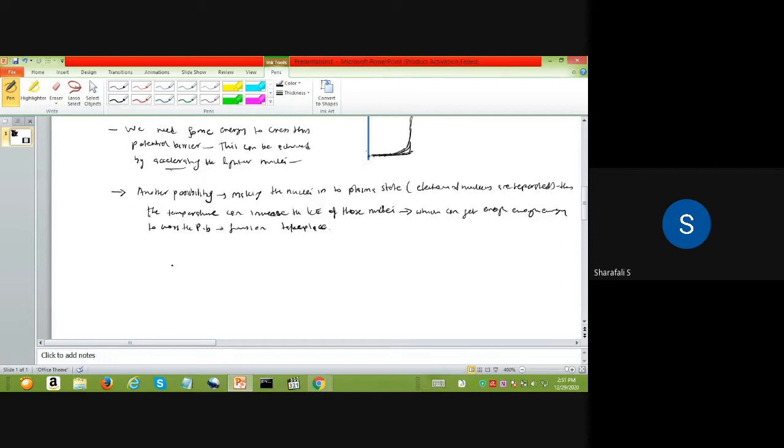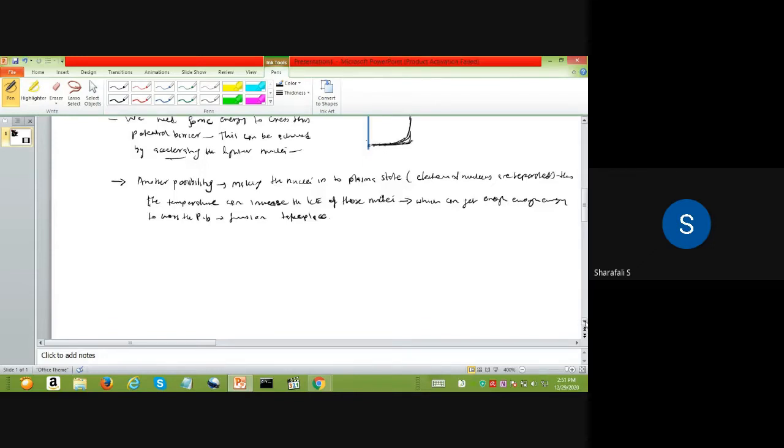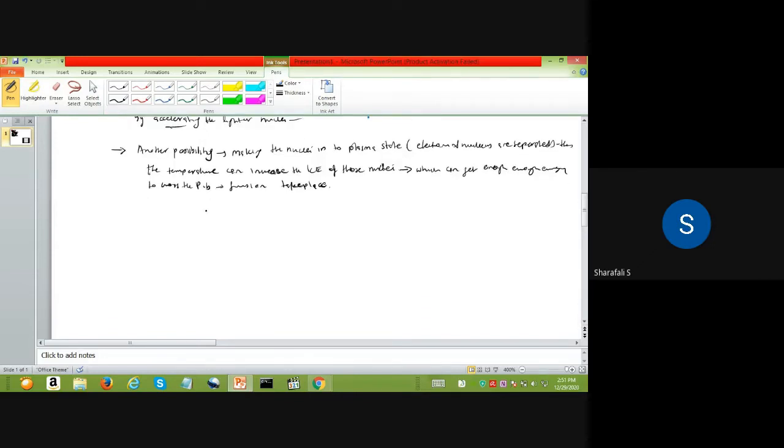But when you consider what kind of temperature is required in order to do this, for example, at room temperature, what will be the energy? Room temperature means 300 Kelvin, means 27 degrees Celsius.